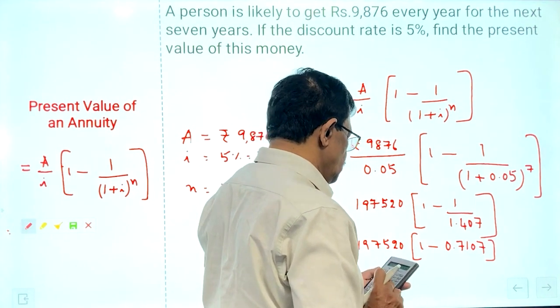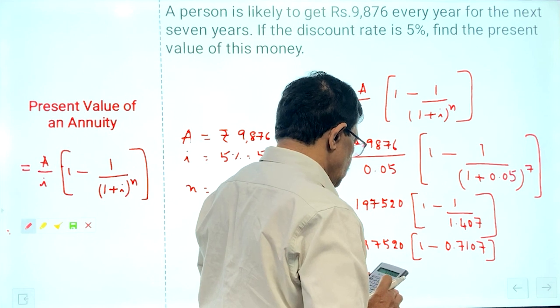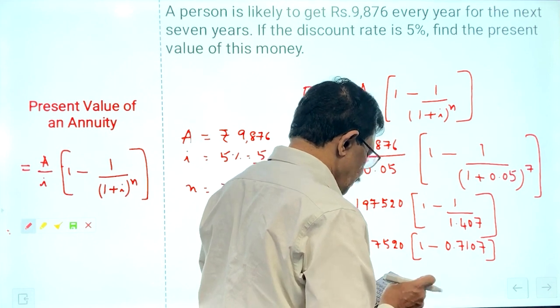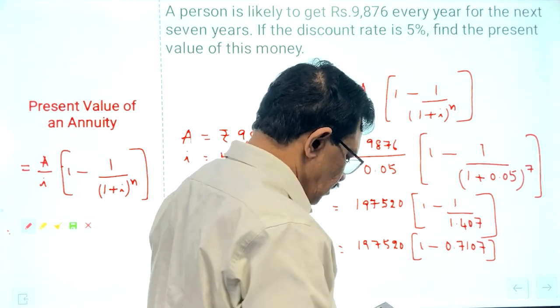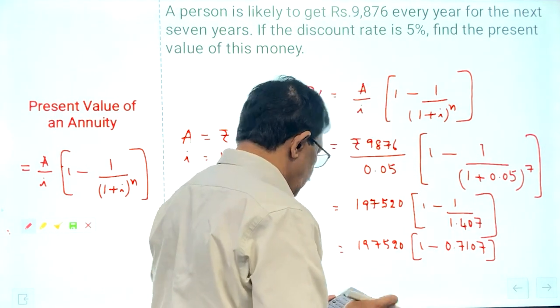So the amount which we are going to receive is equivalent to 57,142.57.